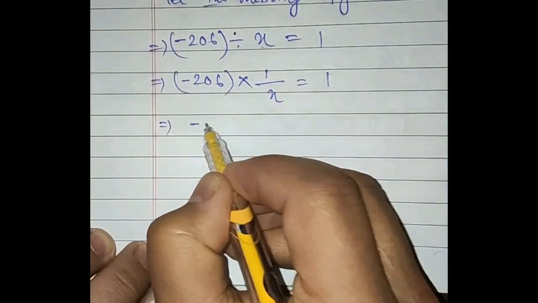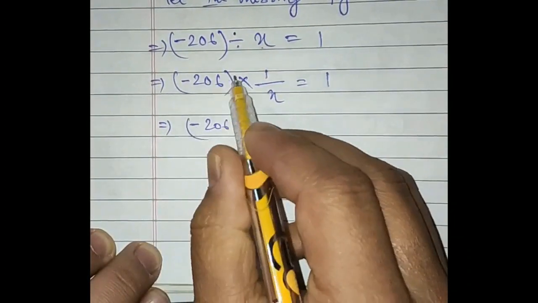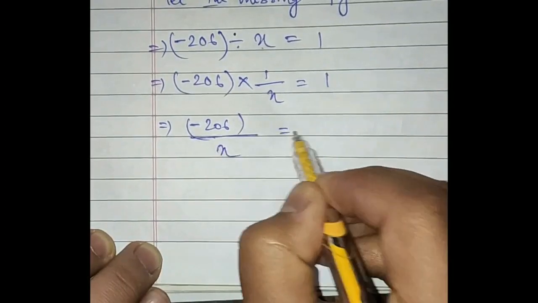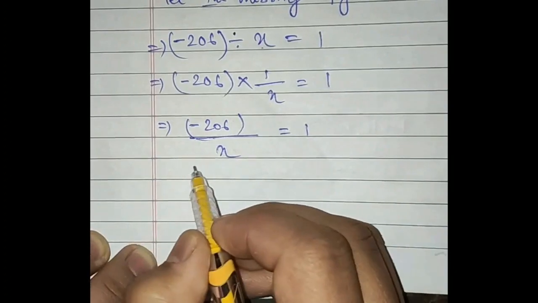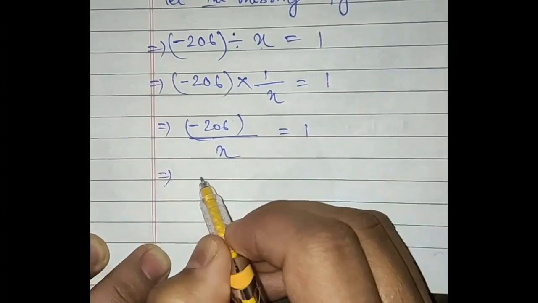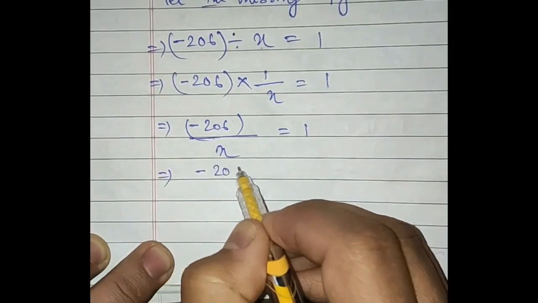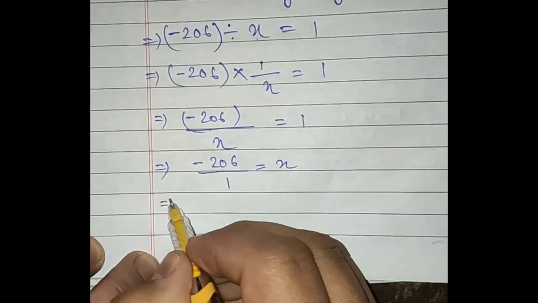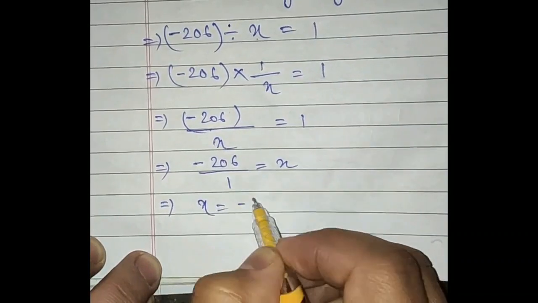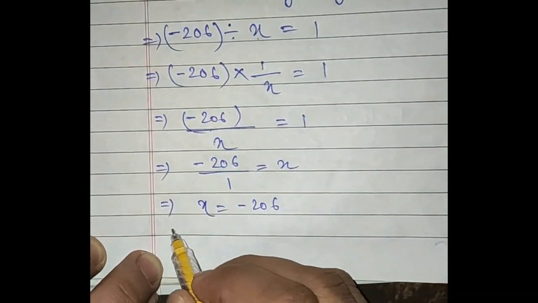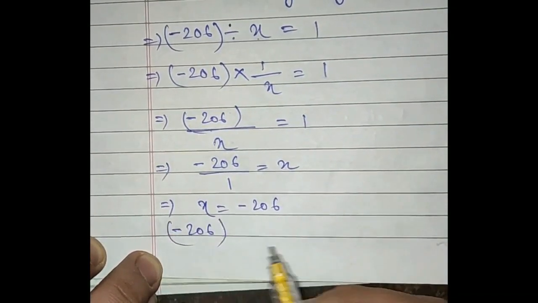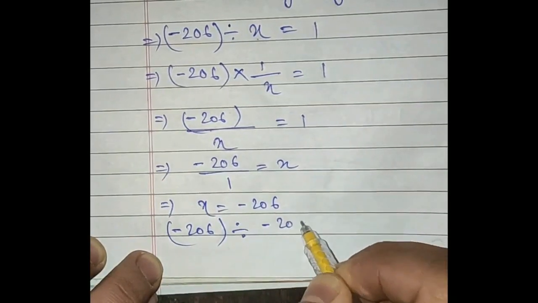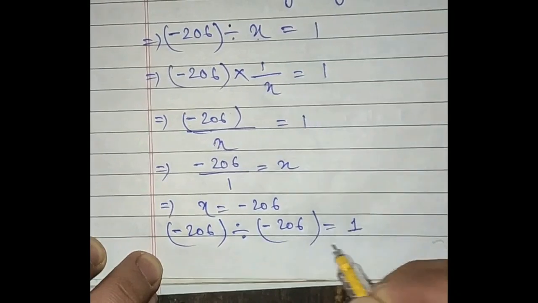Minus 206 into 1 is minus 206 divided by x is equal to 1, isn't it? So when you replace this, 206 by 1 is equal to x, isn't it? So the answer is x is equal to minus 206. So we can fill in the blank like this: minus 206 divided by minus 206 is equal to 1.